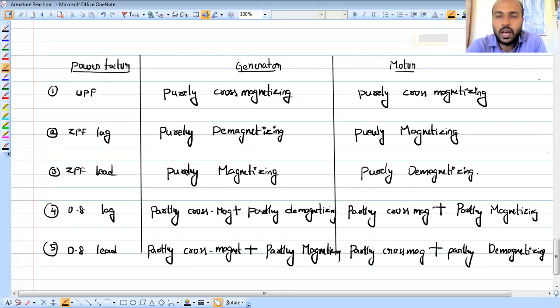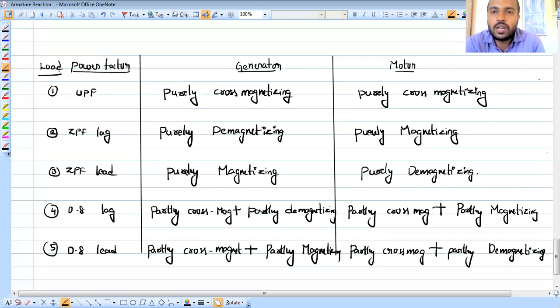So this is what armature reaction is about. The effect of armature flux on main field flux depends on load and load power factor. So based on different load power factors, we have seen how the effect will be, right? This is the load power factor. If the magnitude of load increases, armature current and armature flux increase, so armature reaction effect also increases.